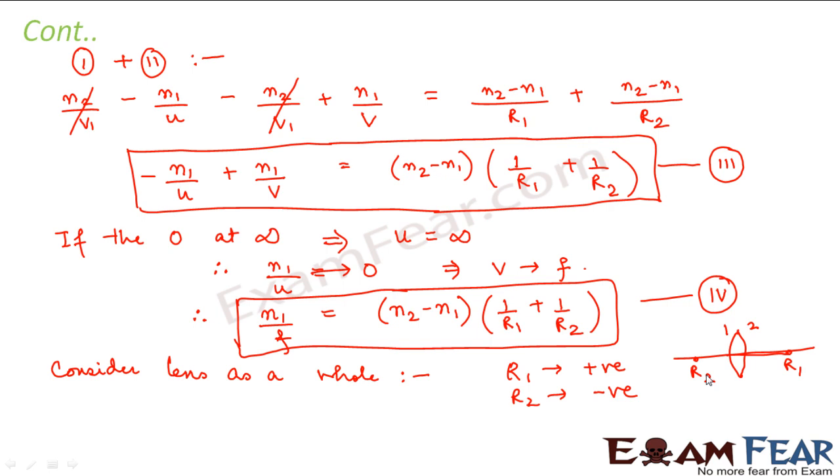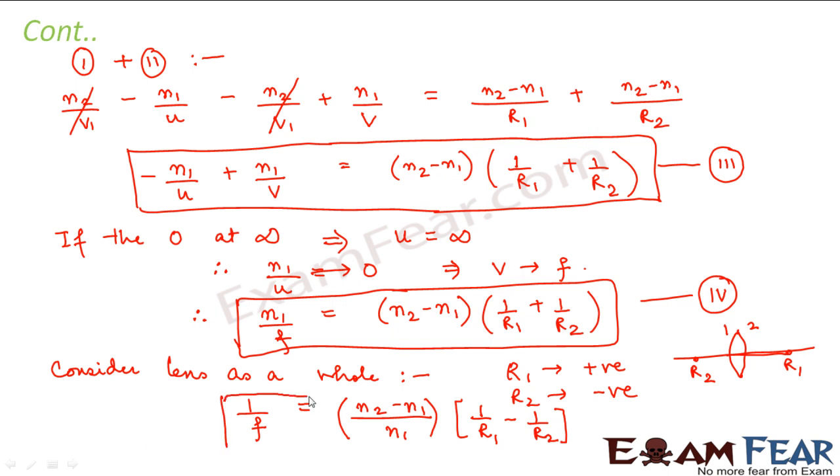If R1 is positive, then R2 is negative, right? Taking this fact into consideration, we get, on both sides, 1 by f is equal to n2 minus n1 divided by n1 into 1 by R1 minus 1 by R2.